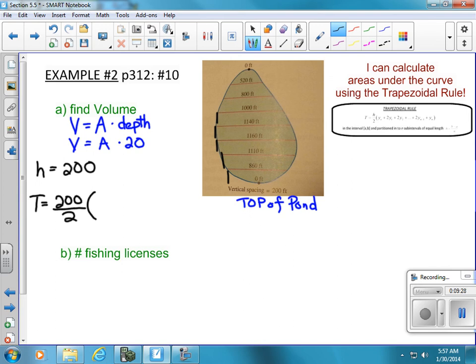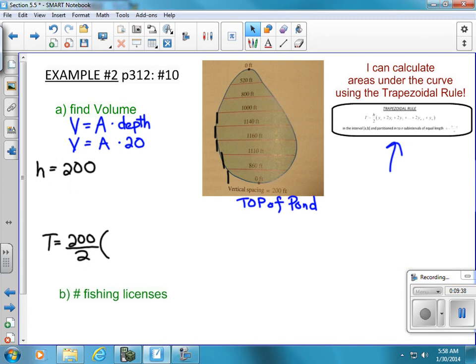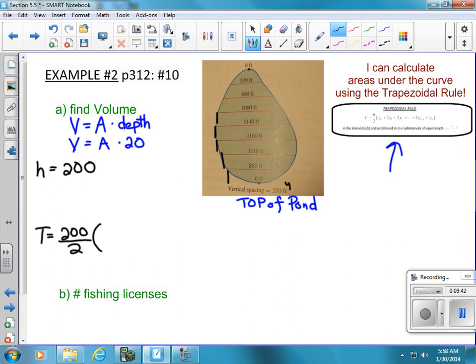That begins our formula, filling in our formula, which I have over here on the side for your reference convenience. All right, so this equation might get a little long, but that's okay. This is going to be our y at 0, and this is going to be our y at n at the end. All of these in between are going to be multiplied by 2. So we're going to have a 0 on one end, a 0 on the other end, and all the middle ones, according to our formula over here, are multiplied by 2.